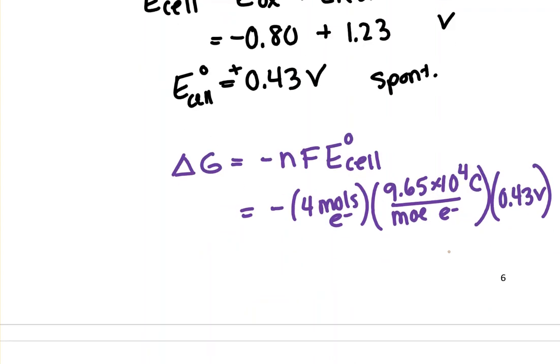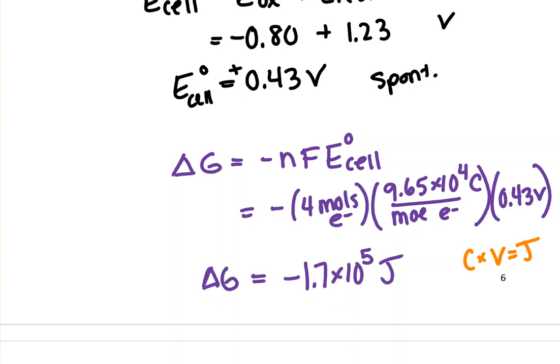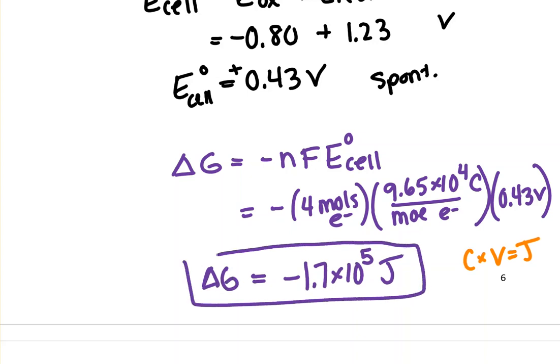Something you would have to use is that a coulomb times a volt equals a joule. Okay, and so our Gibbs free energy did come out negative, like we said, and this is spontaneous.